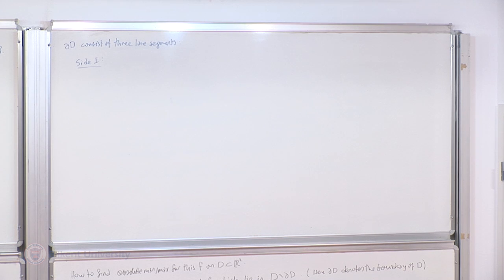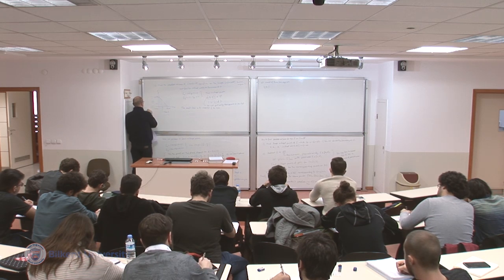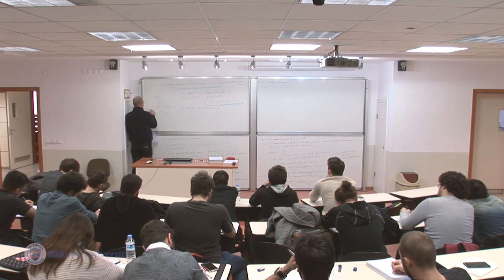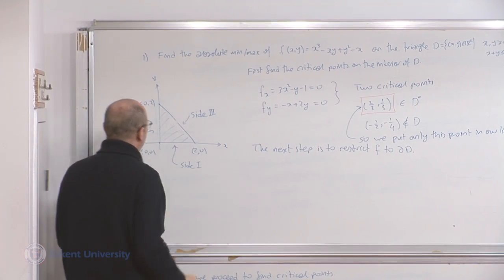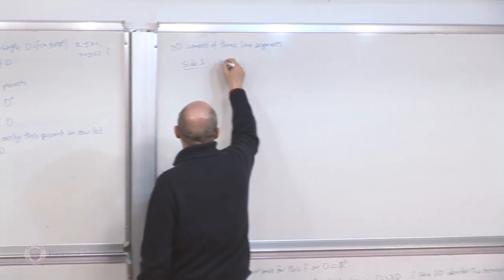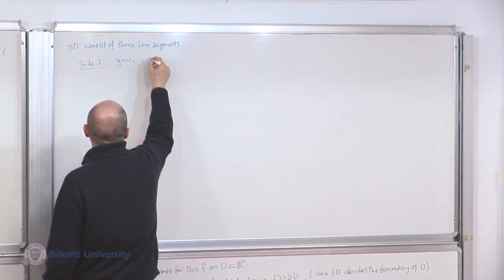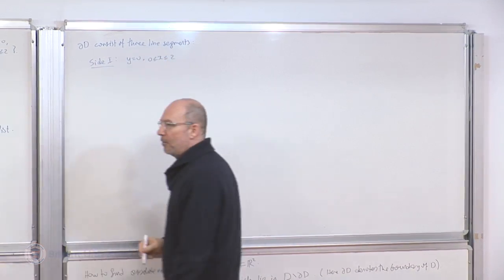Side 2 is this side. And this is side 3. So side 1 is y equals 0 and x is between 0 and 2.